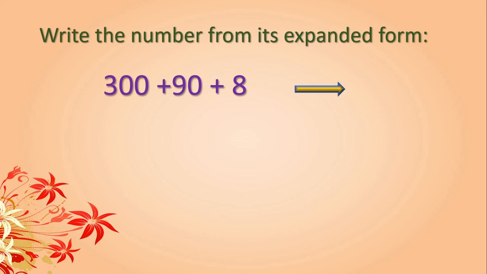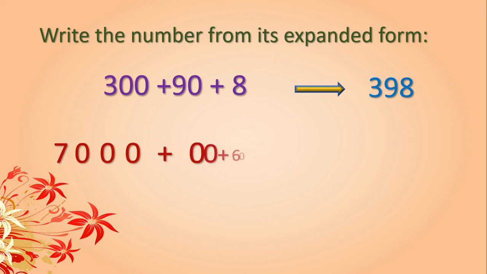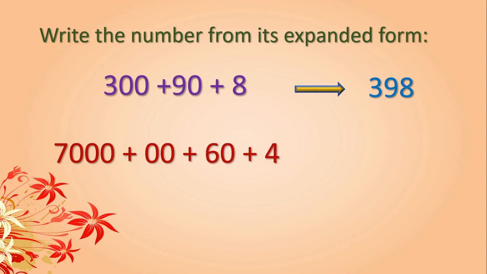Come on, tell me. 300 plus 90 plus 8 is equal to, correct, 398. Because just now we went through the example of 8445, isn't it? Okay, very good. The next number is 7000 plus 00 plus 60 plus 4.